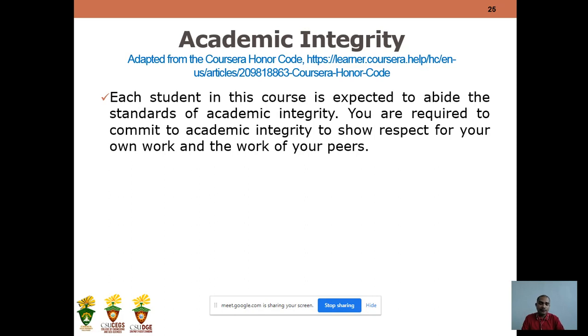So we have no control over what you do when complying with the requirements. I expect that, since you are now in your third year, your junior level, you should abide by this academic integrity so that your grade truly reflects what you have done.